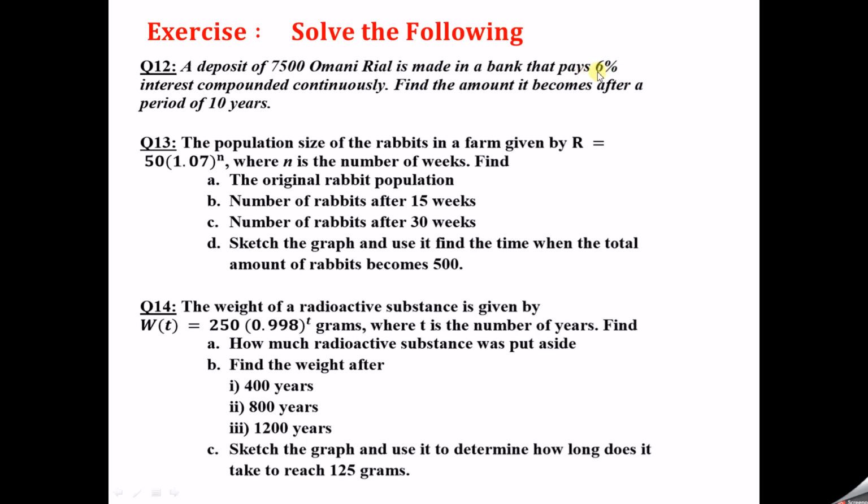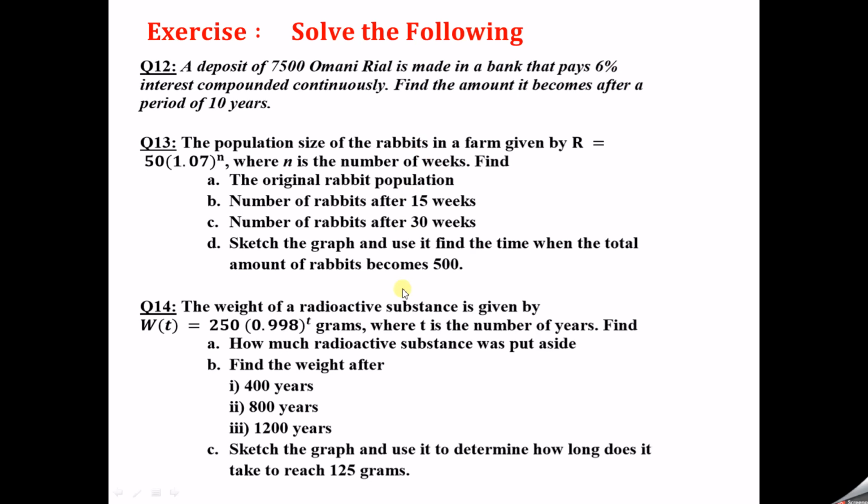So R is 6 by 100, the principal P is 7,500, and the number of years is 10. Using this information you can find A, the amount we will get after 10 years if we invest 7,500 at the rate of 6%.